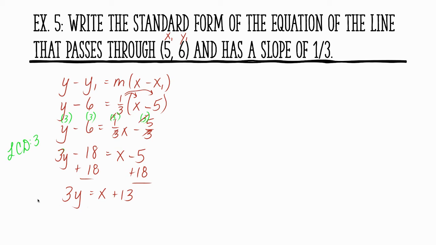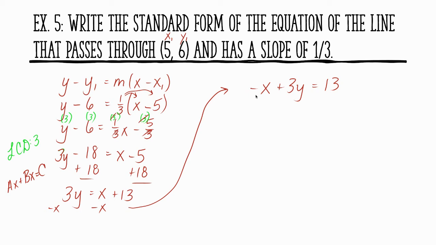Now, to get this in standard form, which looks like this, I need to move my x over. I'm going to subtract it onto the left side. And this looks like minus x plus 3y equals 13. Remember, I can't have a minus x, so I'm going to divide the equation by -1.